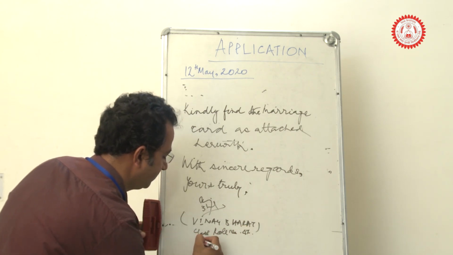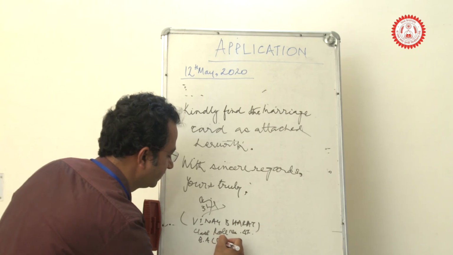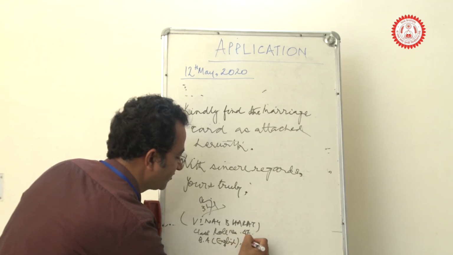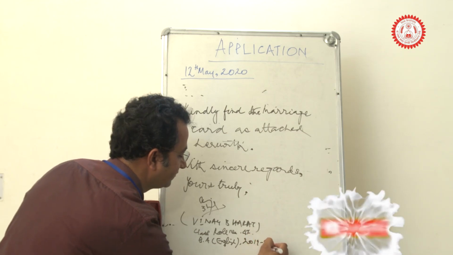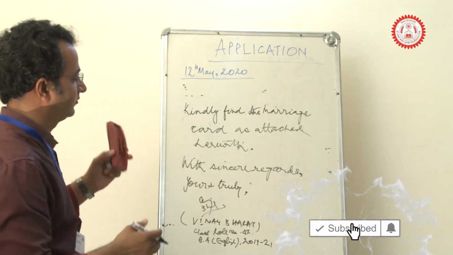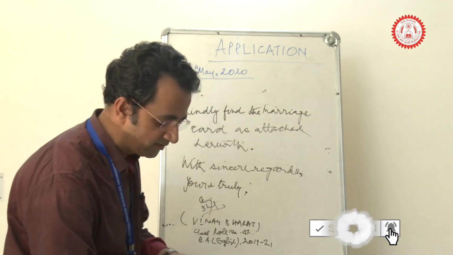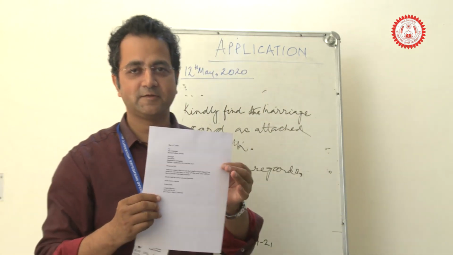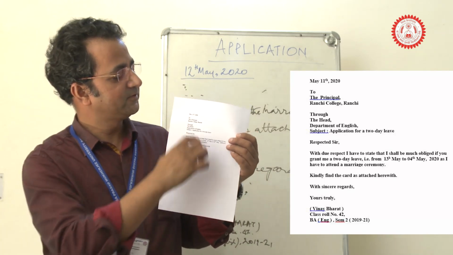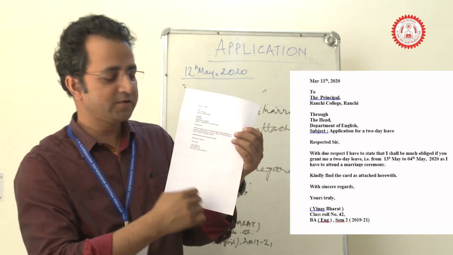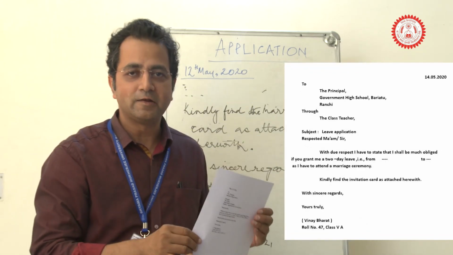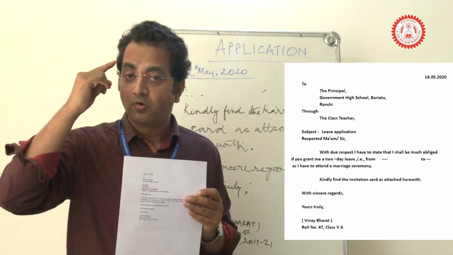Then BA English, session 2019-21. If you give this much, this will be a proper application which will finally take shape like this. You can see this should be the pattern, leaving all the spaces everywhere. Now your senior can give the remark here and they can submit it into the file. This is a proper way to write.